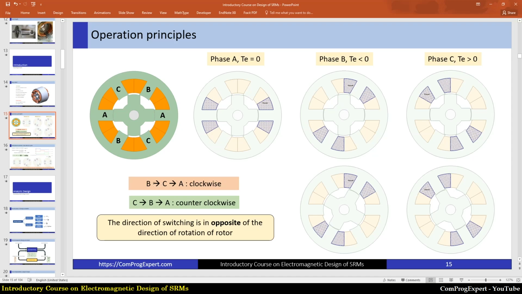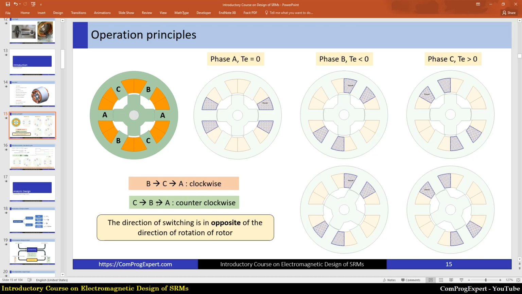So this is the direction of switching: BCA. This is counterclockwise, but the direction of the rotation is clockwise.